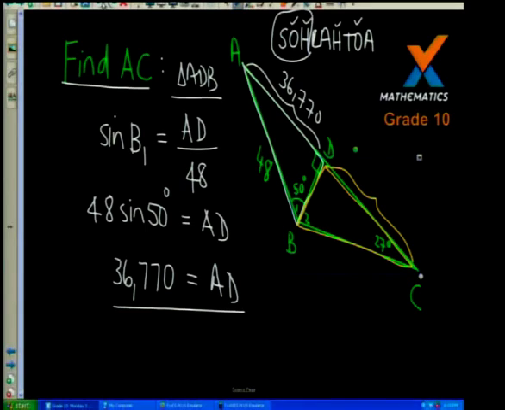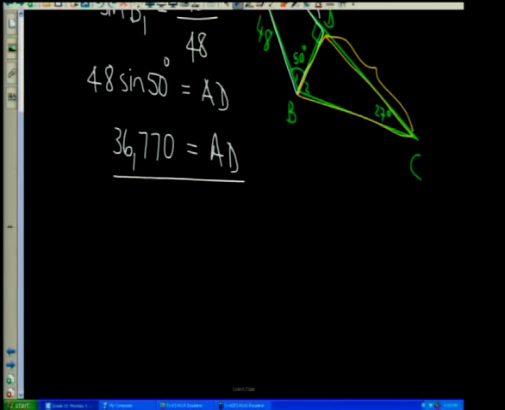Now let's look at BD. It is adjacent to 50, and we've got this hypotenuse here of 48. So which ratio involves my adjacent side and my hypotenuse? My adjacent side and my hypotenuse is using the cos of that angle 50, because I've already focused that that is my anchor point.